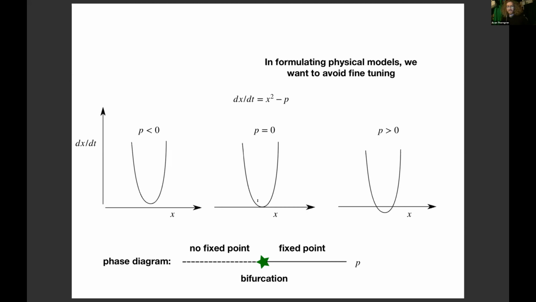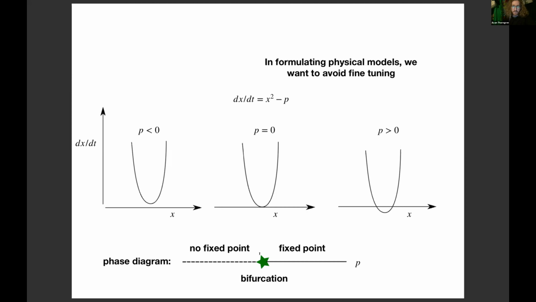So we can think about the finely tuned model as a sort of phase transition. We can draw what I'll call a phase diagram, which just plots as a function of parameter what the qualitative behavior is at every parameter value. So for P less than 0, like I said, there's no fixed point. For P greater than 0, there's one stable fixed point and one unstable fixed point. And this point in the middle is what we call a bifurcation.